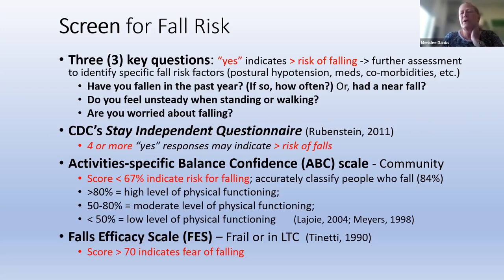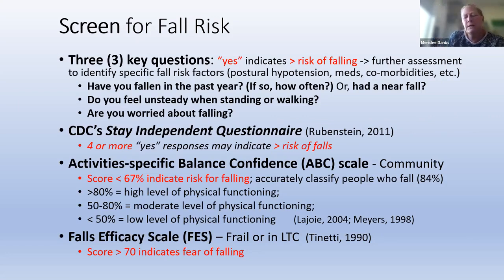If so, how often? I often add in, have you had a near fall, so they almost fell? Do you feel unsteady when standing or walking? And are they worried about falling? If they check yes to any of those, greater risk of falling. If they check yes to all three, even a greater risk of falling.